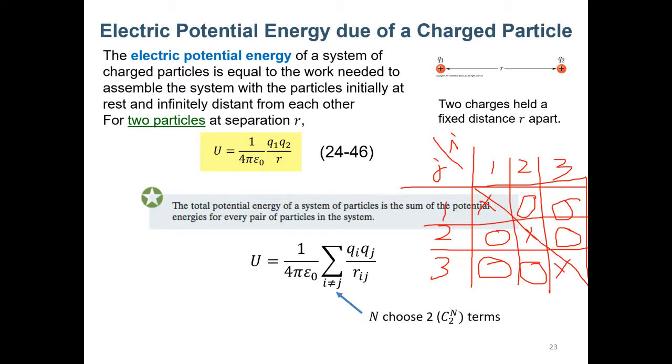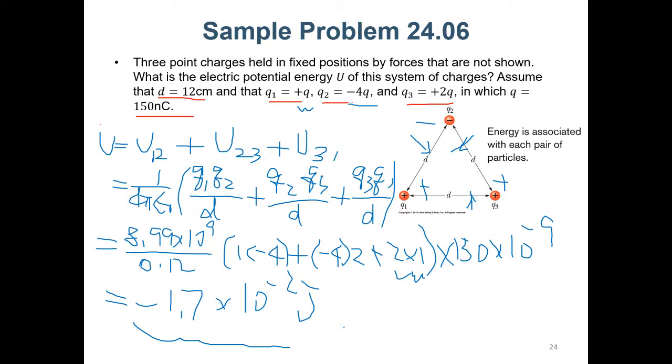You can assume R to be infinity, so U will be zero. Because it didn't tell you, you assume far away means infinity.